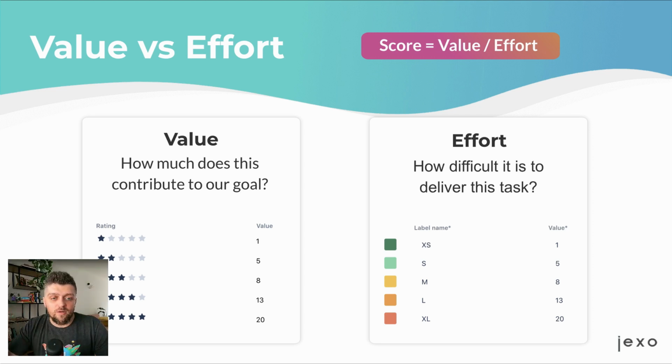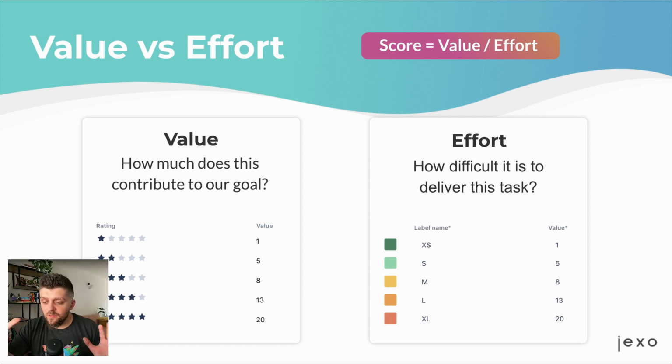By dividing value by effort, and also based on the values that we gave each of the metrics labels, you will get to a score where the highest valued and lowest effort will be the highest scored, because of value divided by effort, which you kind of understand what that means. Okay, so I think that's kind of clear.